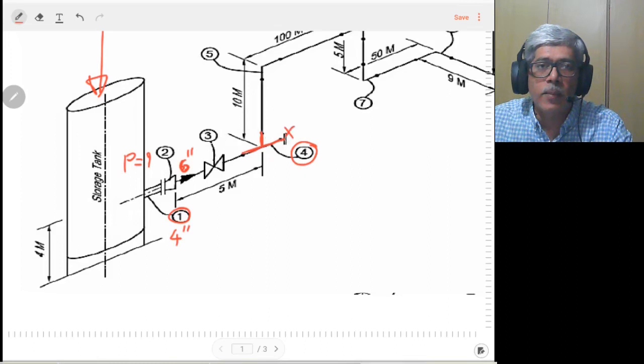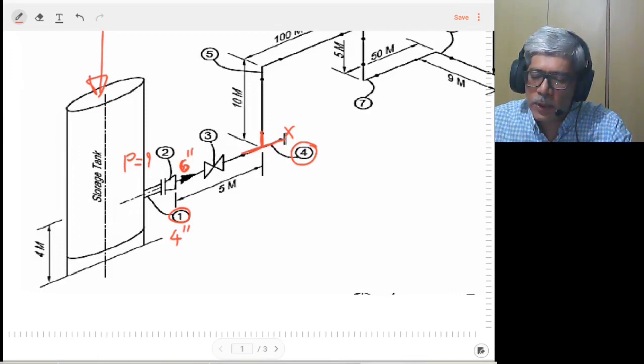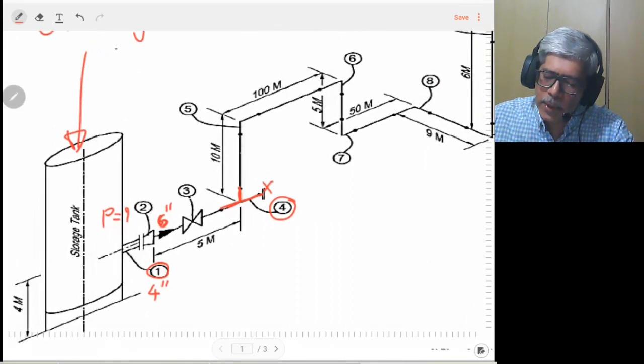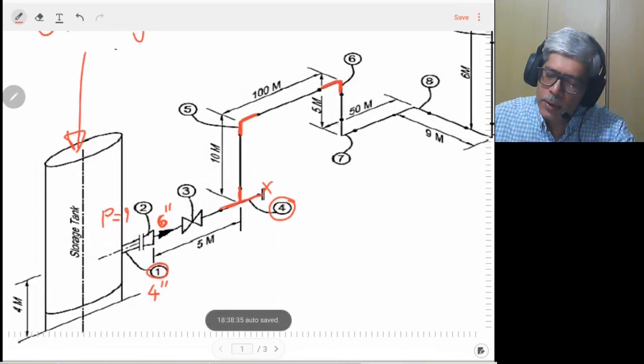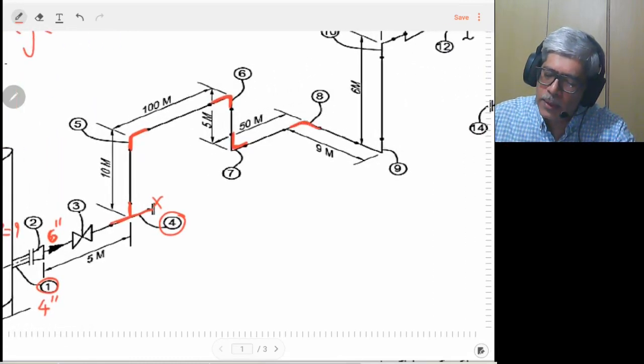So this side there is a blind branch, which is blocked. While calculating the equivalent straight length, we have to take this particular aspect into account. Then as you continue, you will find that there is straight pipe, then there is an elbow here, and so on. So there are a number of elbows in this pipeline.